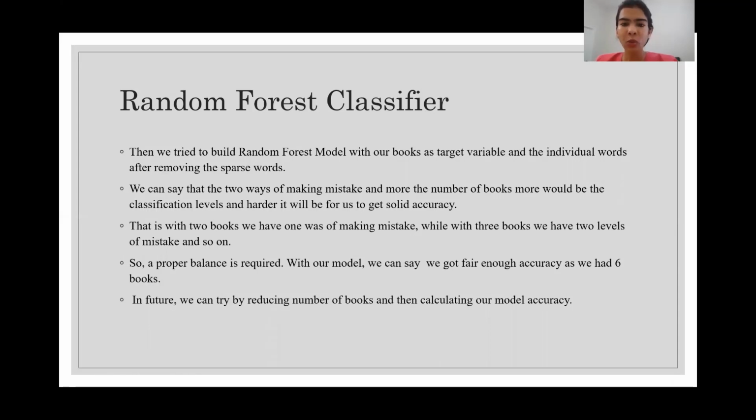But as we know, the intention of this project was not only to do the classification and calculate the accuracy, but also to do sentiment analysis and bag of words. That is the reason why I chose 6 different books. Had the project only focused on model building and accuracy, I would definitely have chosen fewer books, as it would have made my model give more accurate results.